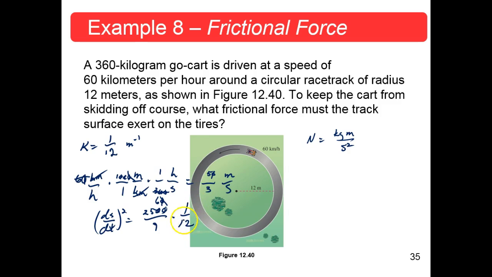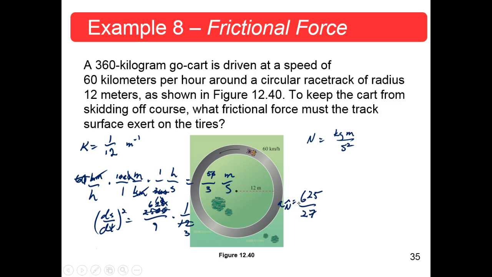Now, I know that 4 will go into 12 3 times, and 4 will go into this 625. Yeah, 625. So this is 625 over 27, your A sub n.